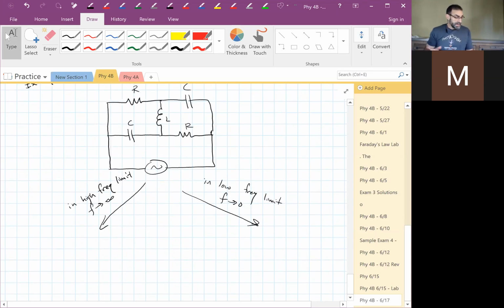High frequency. What does a capacitor look like at high frequency? Looks like a short. I should say reactance, not resistance. And what does our inductor look like?